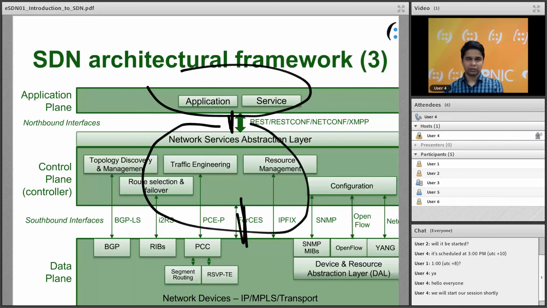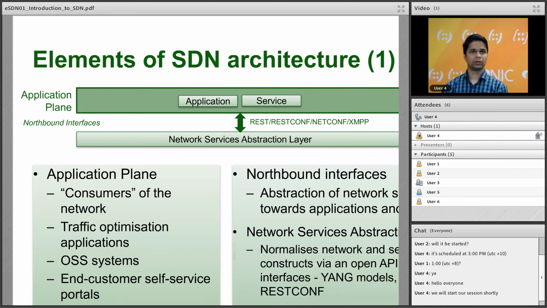With the southbound interface, between the controller and the data plane, we use SDN-enabled protocols like BGP-LS. We could use SNMP, OpenFlow, NETCONF, and so on, right?